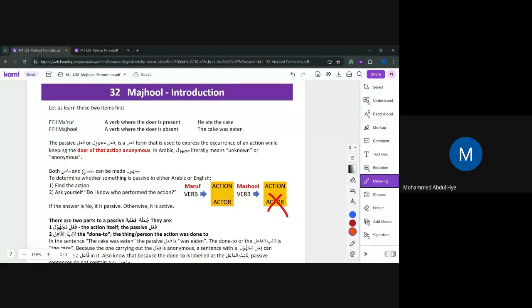Tonight's topic: Module 1, Lesson number 33, Nayebe Fa'il, and Lesson number 34, Types of Mudari and its various phases. Tonight, your classroom teacher is Tasmina, and I will be in the background, and so is our principal, Dr. Mahmoud.